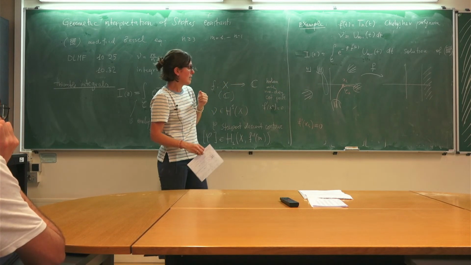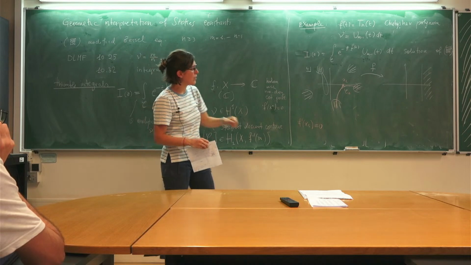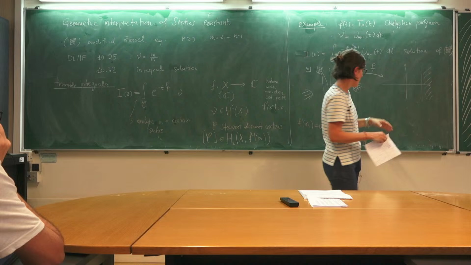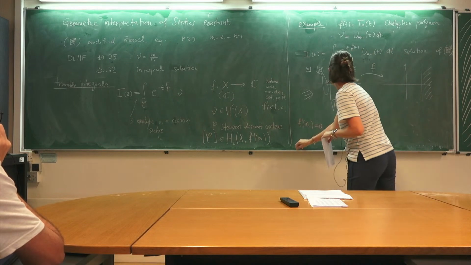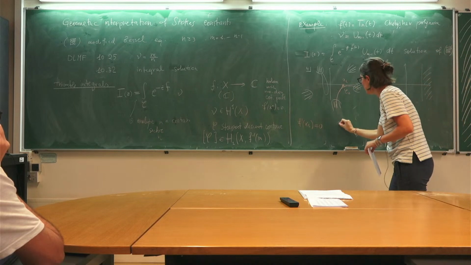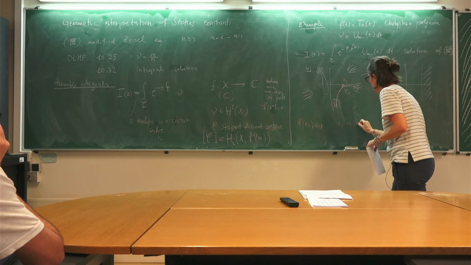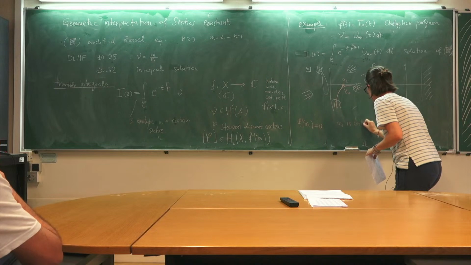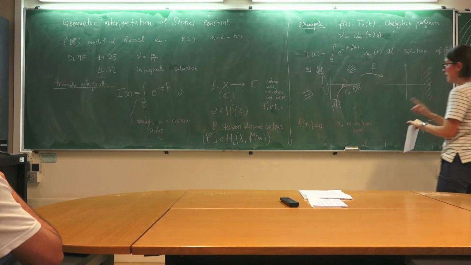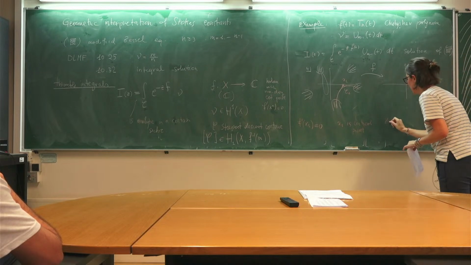And there is also another way to think about this contour if you go to the image. So x1 is a critical point, and its image under F is called the critical value.